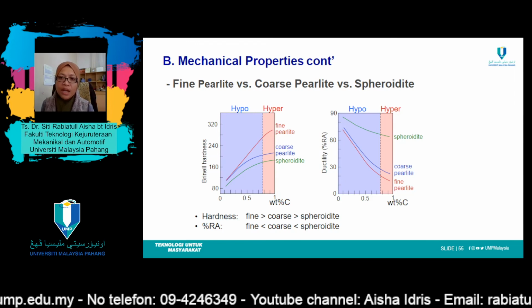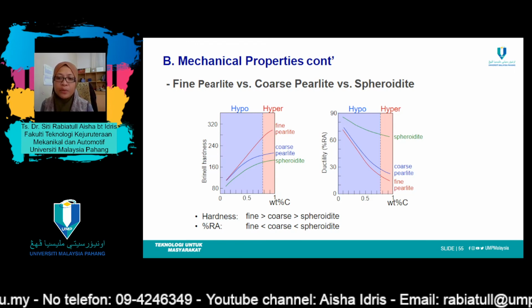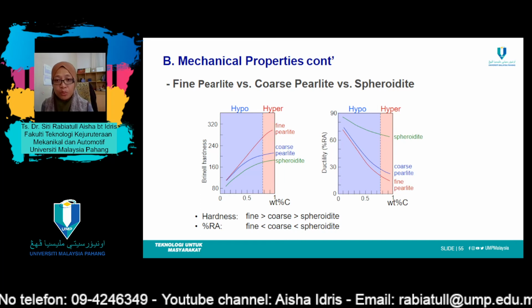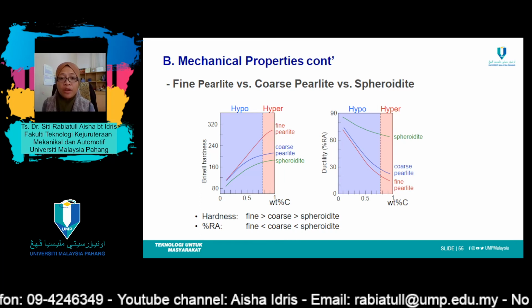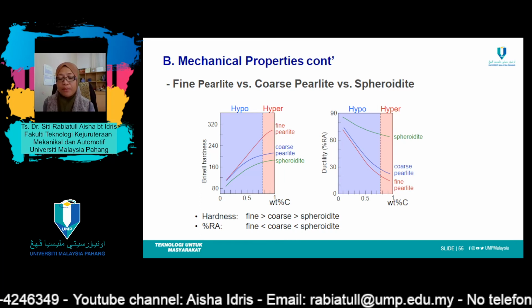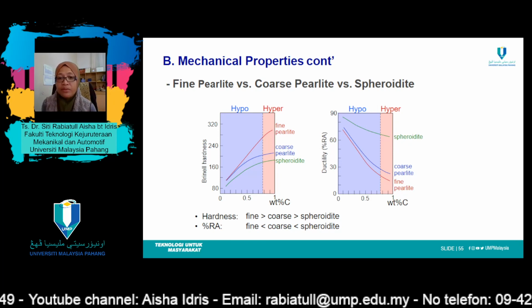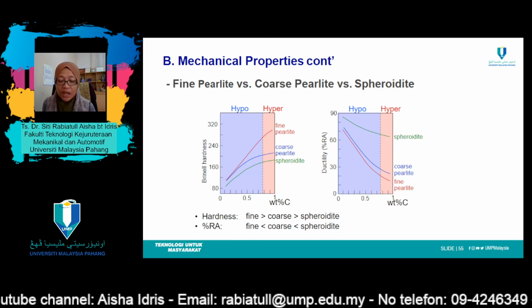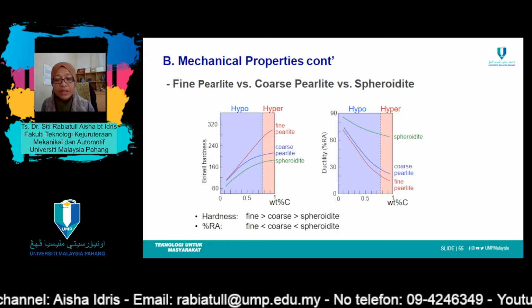For fine pearlite, coarse pearlite, and spheroidite, the properties also will be different, even though fine pearlite and coarse pearlite might be determined as the same material, which is pearlite. However, the structure is slightly different.